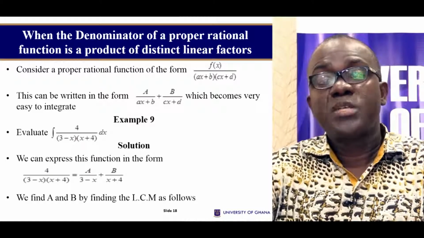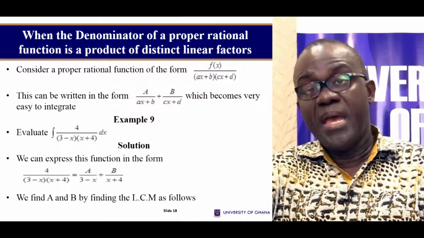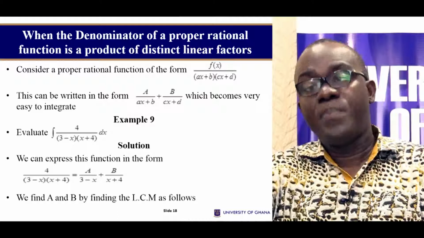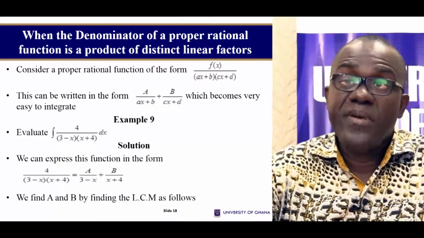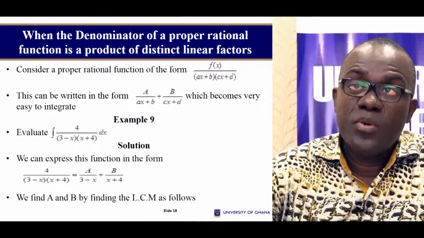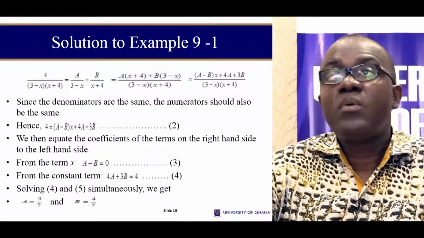So let's look at how we will reduce this proper rational function into partial fractions. What we do is write this function in this form, where these are a and b, and we are supposed to find this numerator a and the numerator b over here. Now, as usual, what do we do?